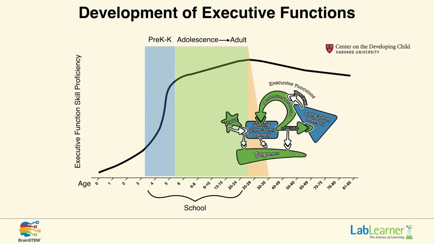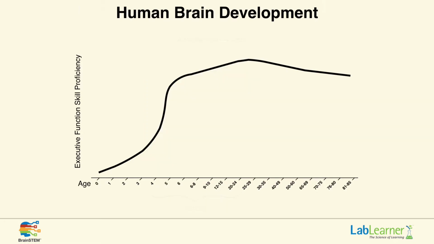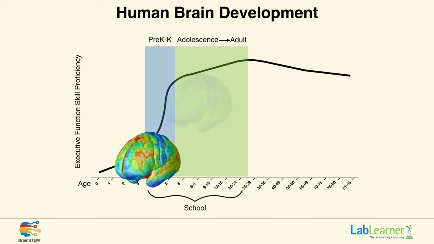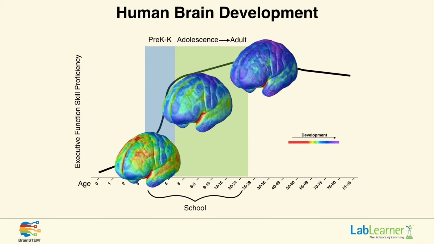If you go to graduate school or professional school, you may well be in school or doing additional training at 30. During that period of time, our executive functions continue to grow. And that is because our brain itself is developing during that same period of time.